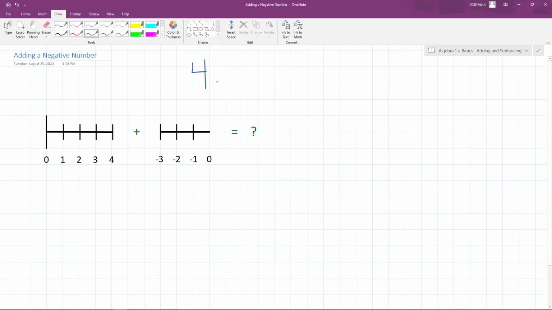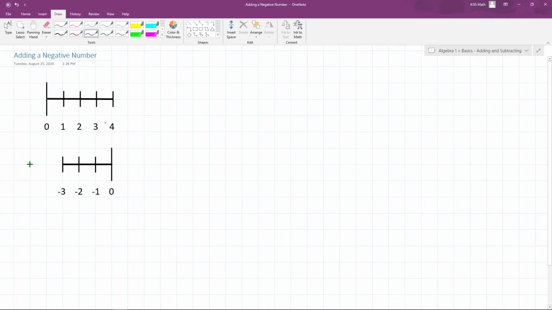So we were looking at 4 plus a negative 3. So we start here at 4. We're still adding or inserting something, and that something happens to be negative. So this negative 3 is what we're adding to 4. And when we do that, it's kind of like walking backwards on the number line.